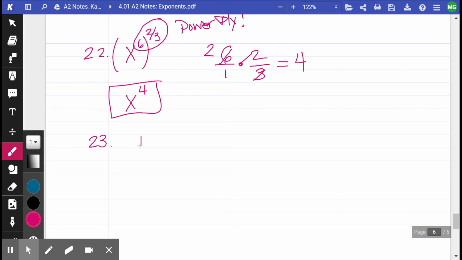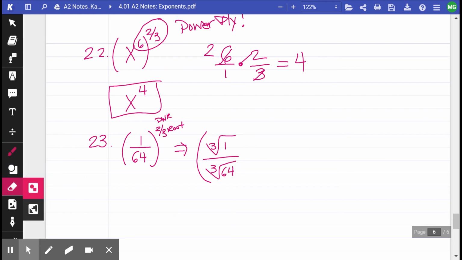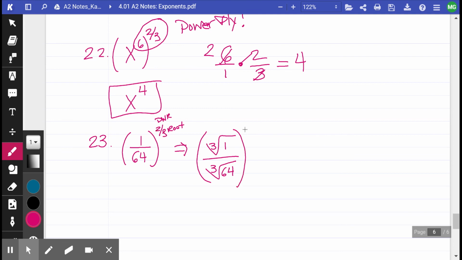All right, try 1 over 64 raised to the 2/3 power. Pause the video and try that one on your own. All right, so power over root. So the root is the 3rd root, so we're taking the cube root of 1 over 64. So I'm going to go straight to separating that into my numerator and denominator, and then I'm raising that whole thing to the what power? 2nd.